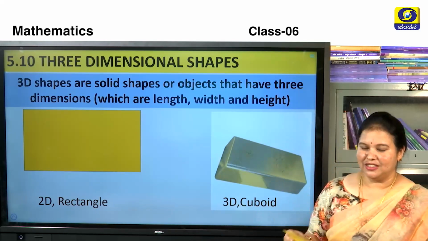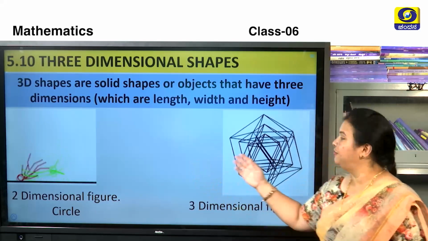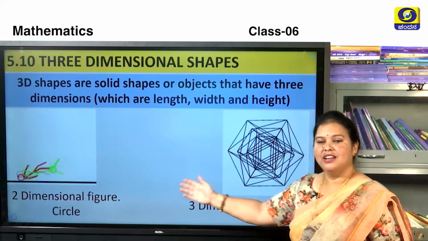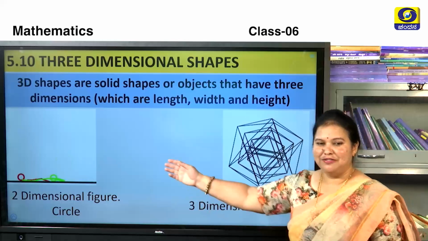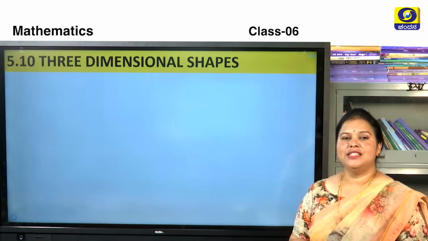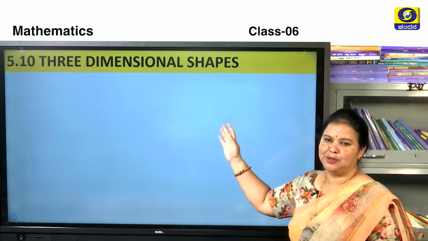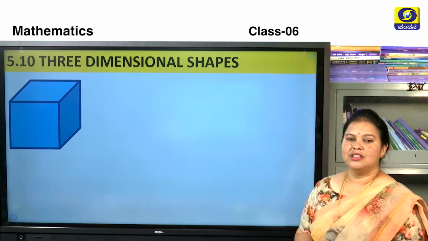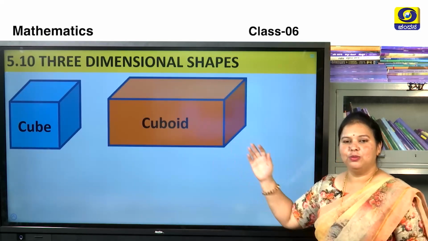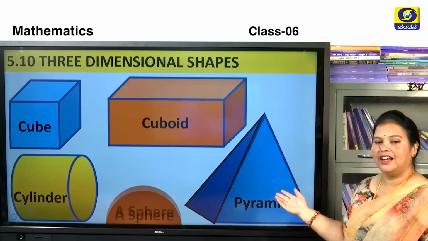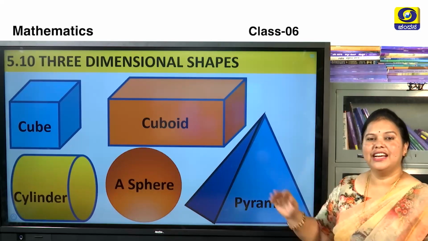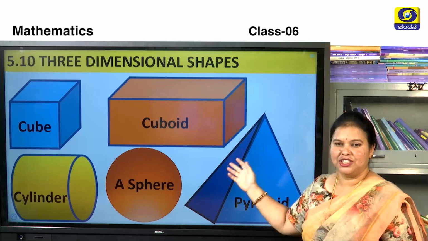Is it clear, children? You can observe the difference between two-dimensional and three-dimensional figures in this picture also. It's very funny, no? Now we'll see some three-dimensional shapes on the screen. See, it's a cube, cuboid, cylinder, pyramid and a sphere. These are examples of three-dimensional shapes.